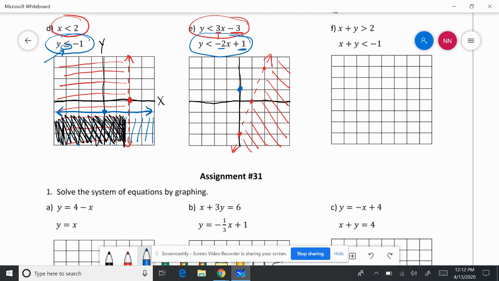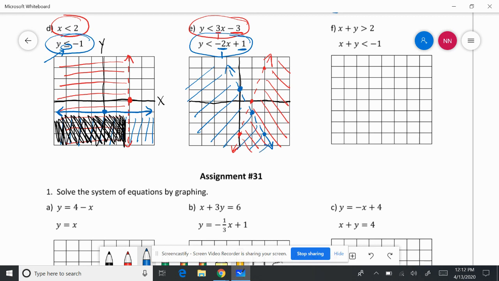Our slope is -2, so that would be -2 over 1. So from this point, we go down 2 to the right 1 to make sure it's straight, down 2 to the right 1 again. Once again, it's a dashed line because there's no line underneath. And since it's less than, we're shading below.